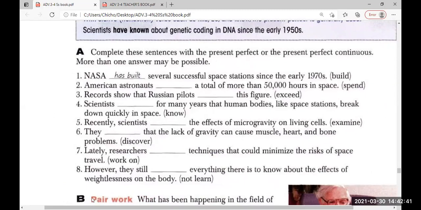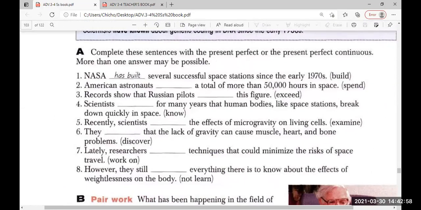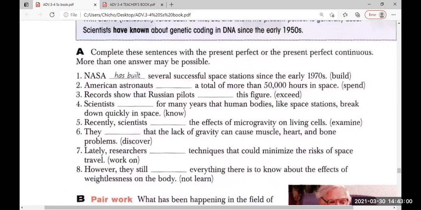For example, number 1, NASA has built several successful space stations since the early 1970s. And here you have the verb that you need to use in parentheses, okay? So try to do it, then we are going to check, and I want you to tell me why. Why did you choose to use the present perfect or present perfect continuous in these sentences, okay?